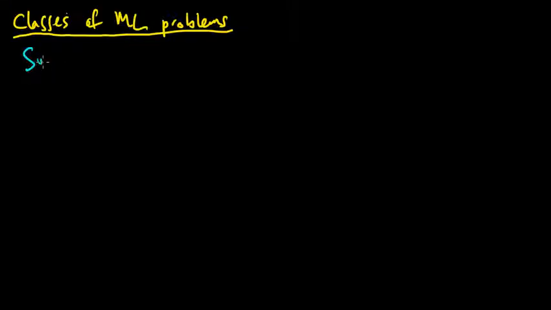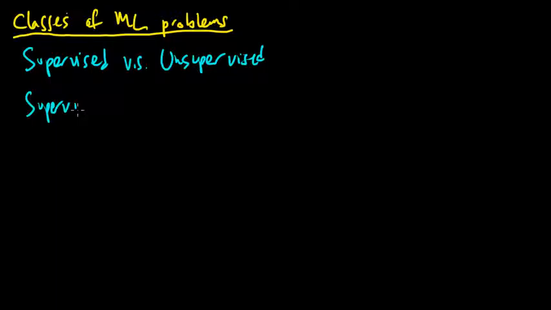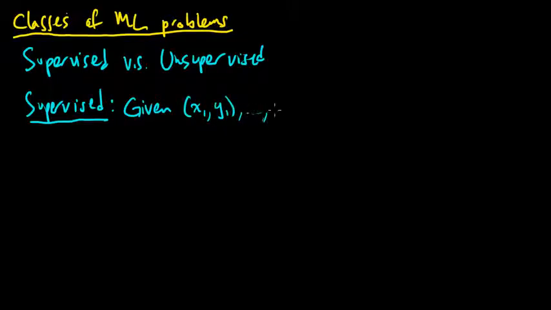The first dichotomy that is often distinguished is supervised versus unsupervised learning. Supervised learning is probably the most canonical type of machine learning problem. In supervised learning, we're given a sequence, usually written x1, y1 up to xn, yn.